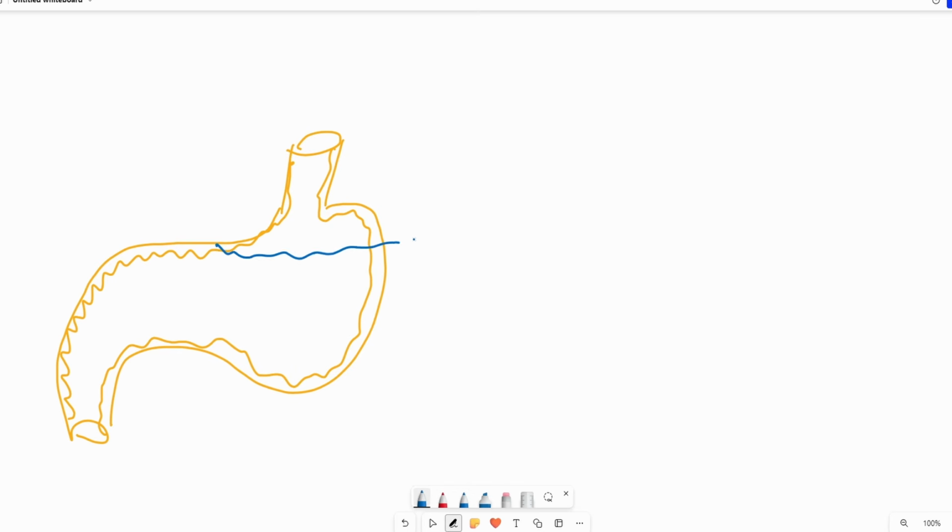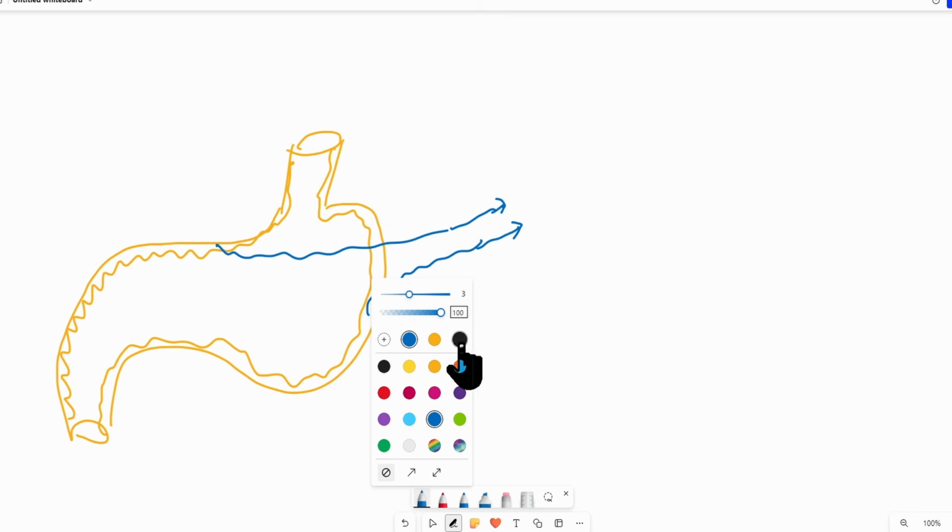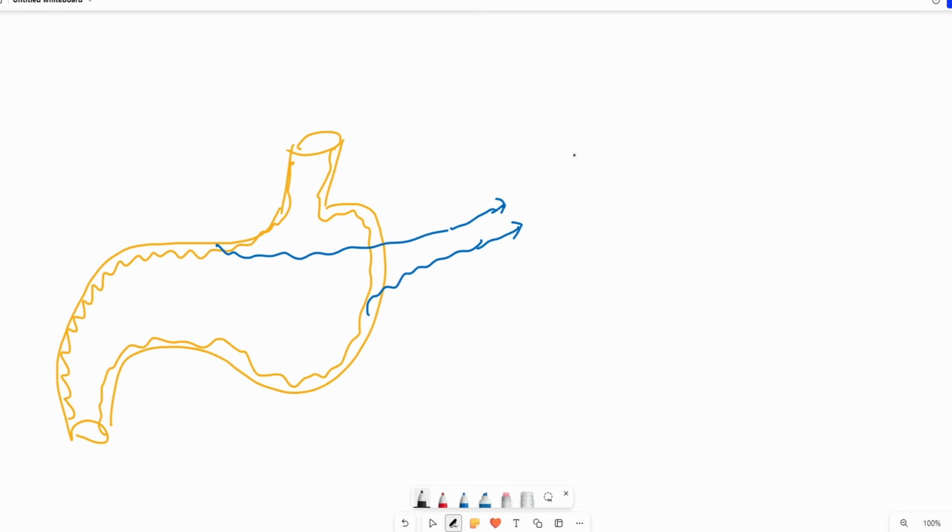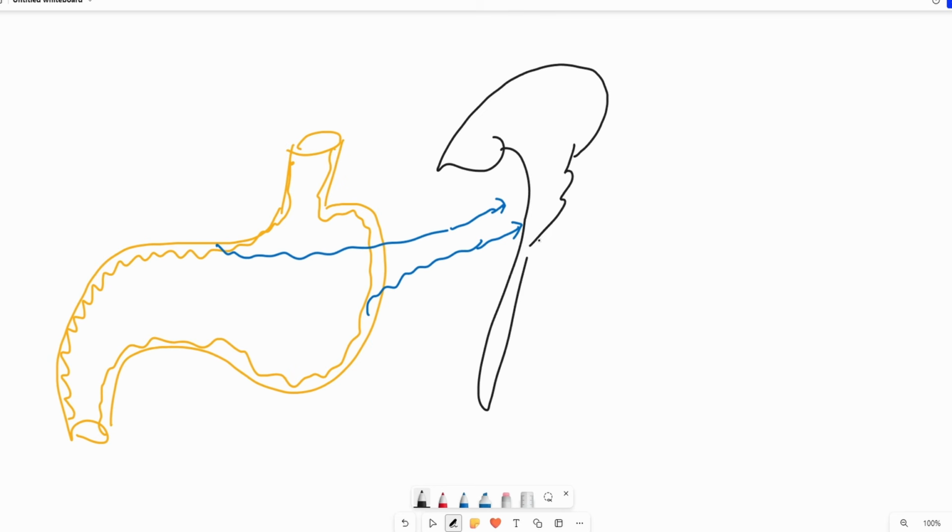This sensory information is basically telling our central nervous system about the situation of the internal environment of our deeply seated viscera, right? Of course they are not going directly to cerebellum, they are going towards the brain or spinal cord, right?